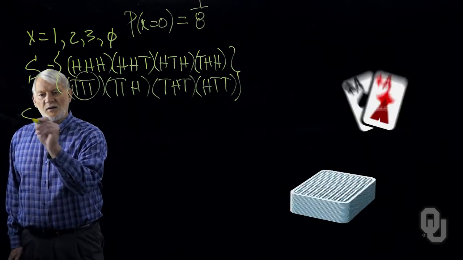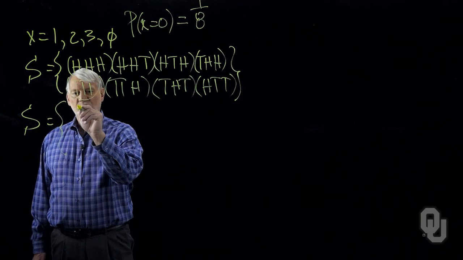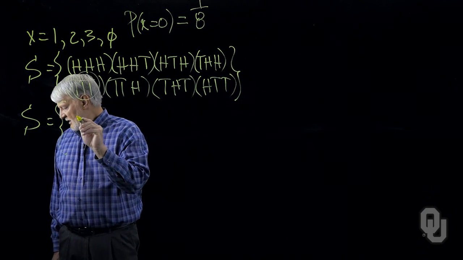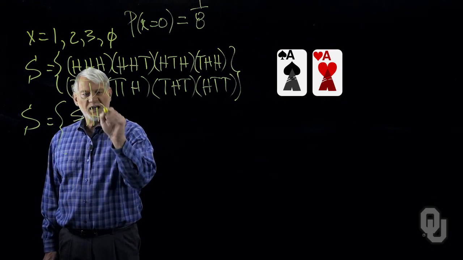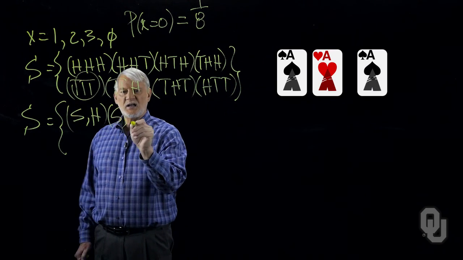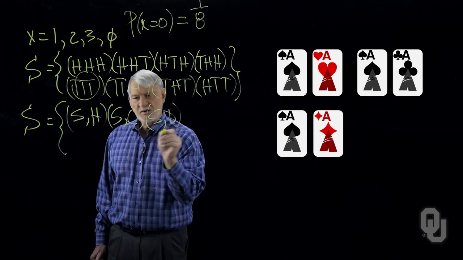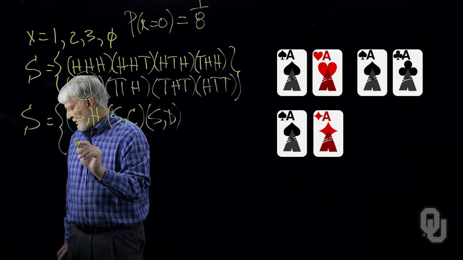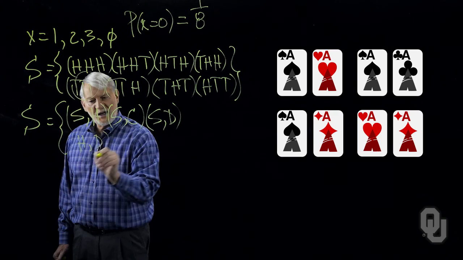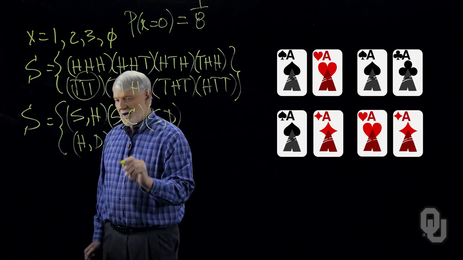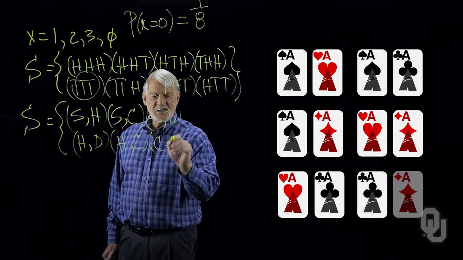The sample space is equal to: spade and heart, spade and club, spade and diamond, heart and diamond, heart and club, and diamond and club.